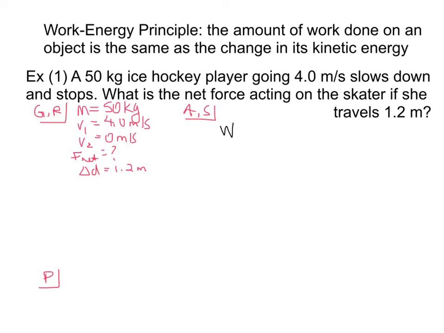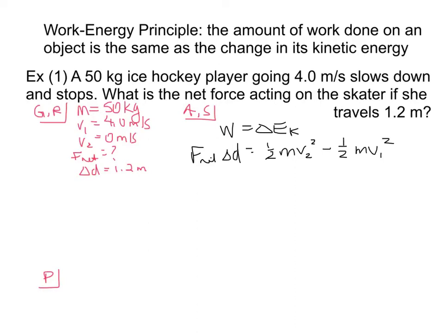So we know that work is the change in kinetic energy. And we also know that work is F net times delta D, because it's net work that we're looking at here, and that equals 1/2 mv2 squared minus 1/2 mv1 squared.